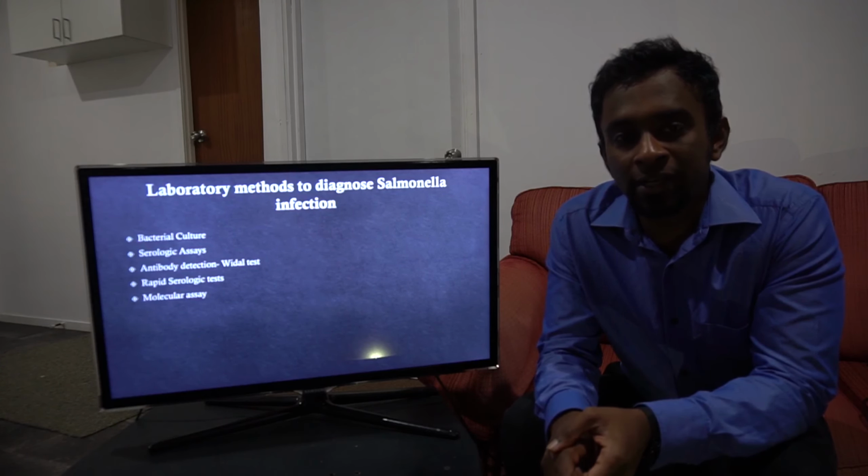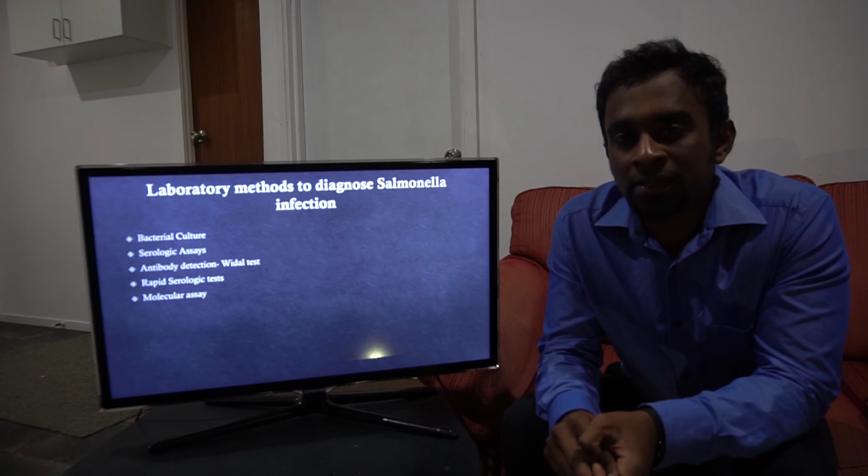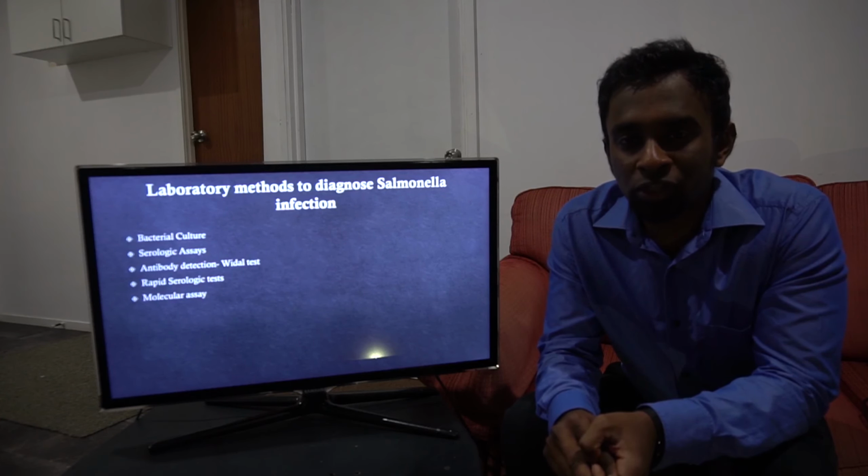And the antibody detection Widal test. The Widal test helps in measuring the agglutination antibodies against the flagellar antigen and LPS, both acute and convalescent phase samples taken 10 days apart. A positive test should show a 4-fold increase in the antibody titer.